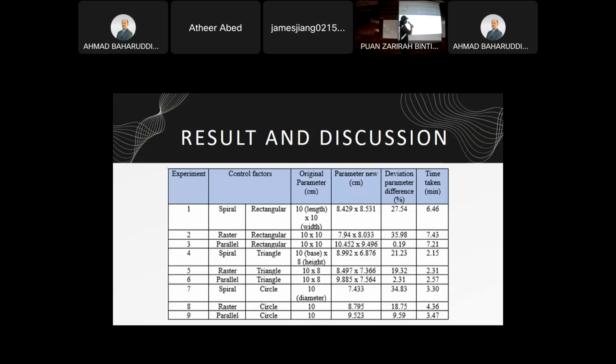Parallel shows the lowest deviation. So the time taken is also highest for the rectangular cluster experiment, and the best time that I've got is spiral and triangle: spiral deposited, triangle shape.